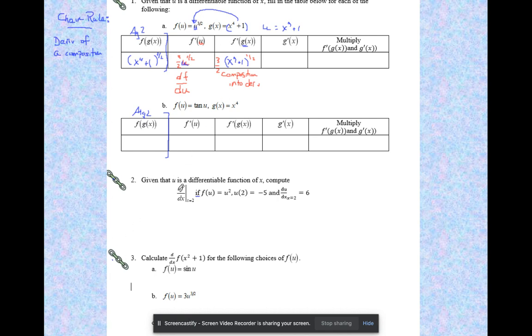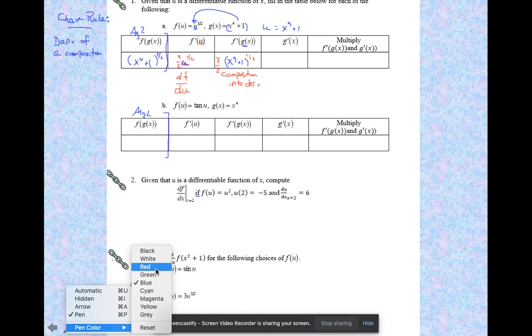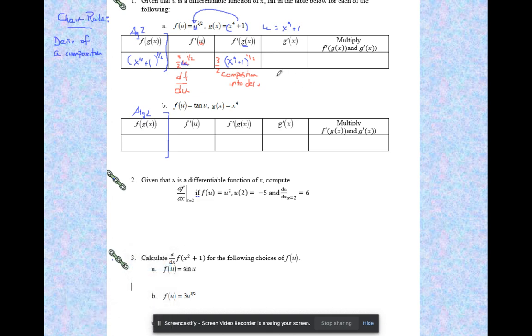And now I want you to take the derivative of u, right, which is what we called g of x, x to the fourth plus 1, but we put it in place of u. I want you to take the derivative of u with respect to x. That's what this is saying, right? Take the derivative of g, but we call it u, in terms of x.